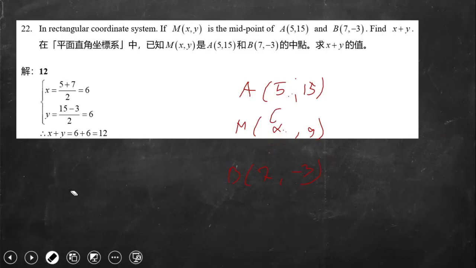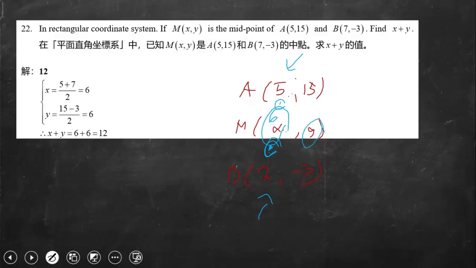The number between 5 and 7 is 6, and it also has a difference of 1 in each direction. If you add 1, it's 7. If you subtract 1, it's 5. So 6 is the midpoint of 5 and 7 here.